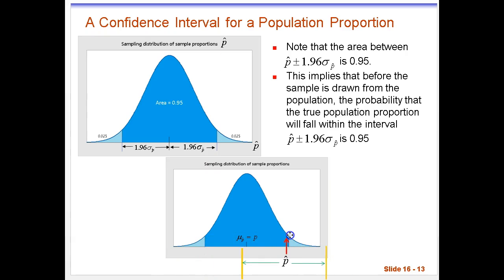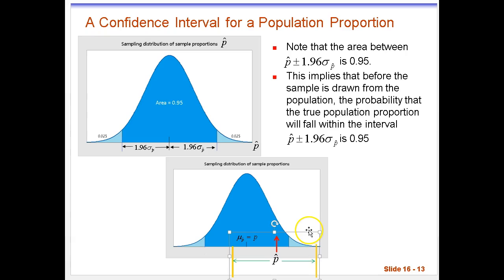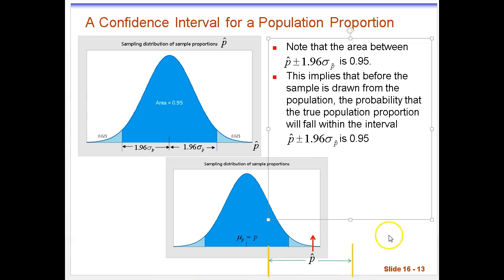So 95% of the time, I'm going to end up with an interval that does contain the true population proportion. On the other hand, there's a 2.5% chance that it won't contain it, plus this 2.5% down here. So every time I take one sample and calculate the interval, there'll be a 95% chance that I'm going to get the right answer, but there's always going to be a 5% chance that I'm going to get the wrong answer.